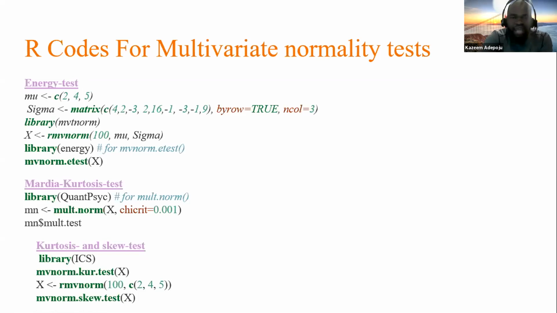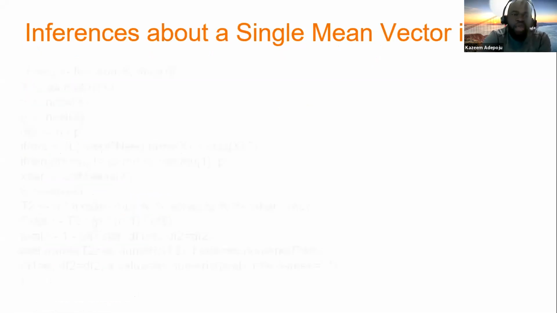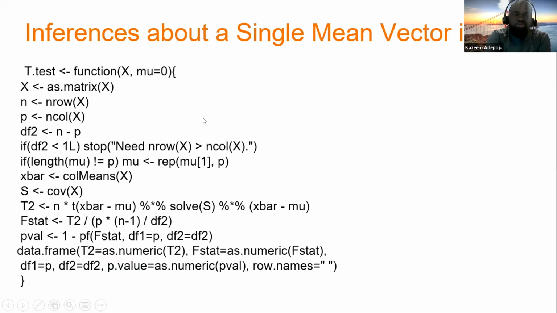At times we could also write a formula. Where we actually want to make an inference about a single mean vector in R, here we have to write a formula. This is the formula, for anything you want to do if you want to carry out a multivariate test.